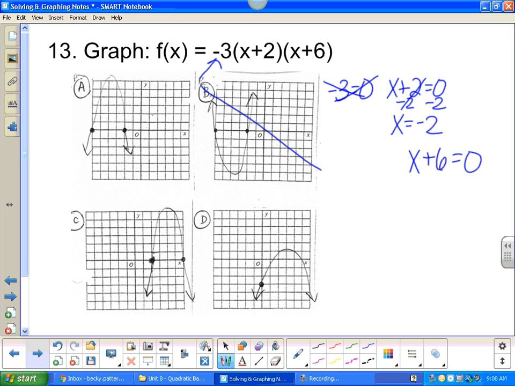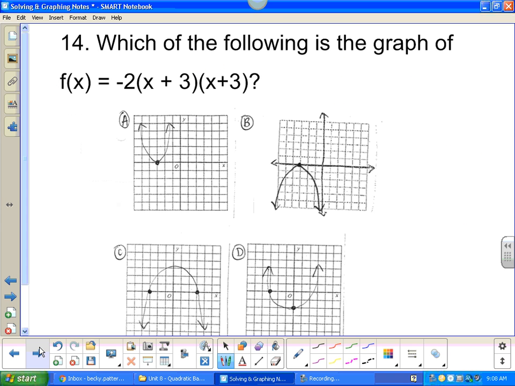I'm looking for a -2 and a -6. -2, 3, 4, 5, 6. -6. Bingo. And again, here's the one that's at a +2 and a +6. But you do not get your x-intercepts from looking there. You have to set them equal to 0 and solve them.